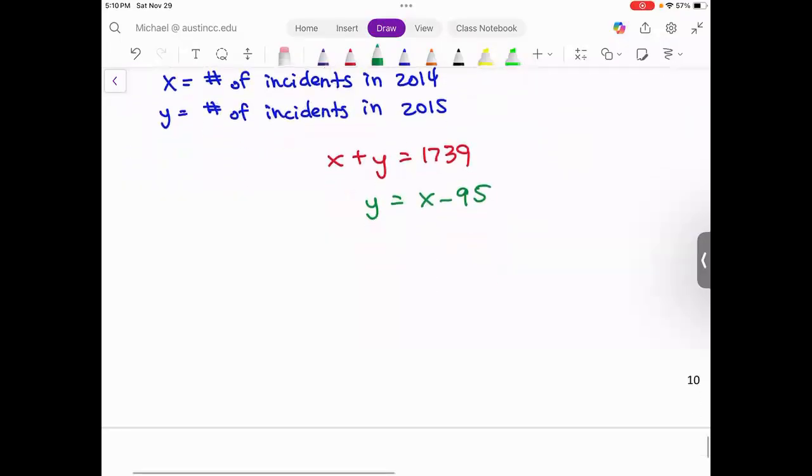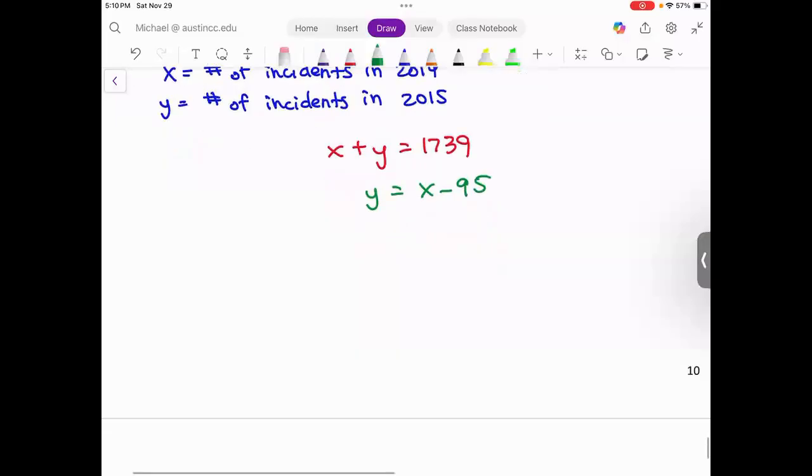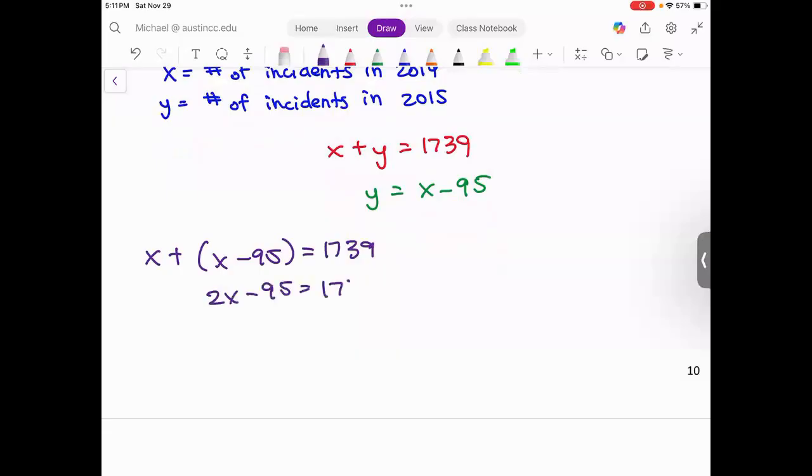And we've already got one set up where it's equal to y. So we should probably use the substitution method. Let's plug in y equals x minus 95 into our first equation. So x plus x minus 95 equals 1739, or 2x minus 95 equals 1739.